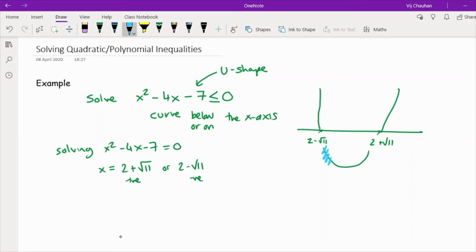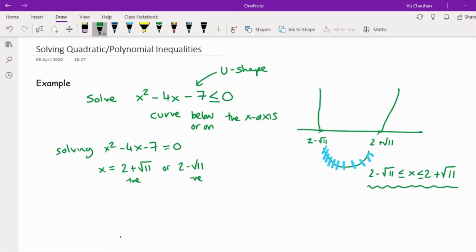So I'm looking for this region here, and as you can see, this is one single part of the curve. So I'm going to write that x needs to be between 2 minus root 11 and 2 plus root 11 inclusive of those numbers. So that would be my final answer.